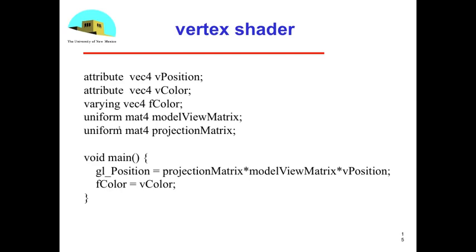That's what we were doing before, and now I bring in these two matrices as uniform mat4s from the application, and now look at what I have to change. All I have to really do here is multiply the position by first the model view matrix and second by the projection matrix, and now that's my output position.